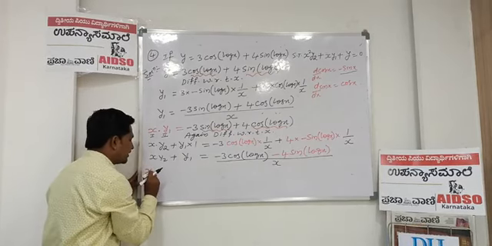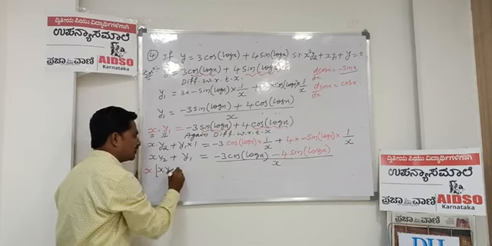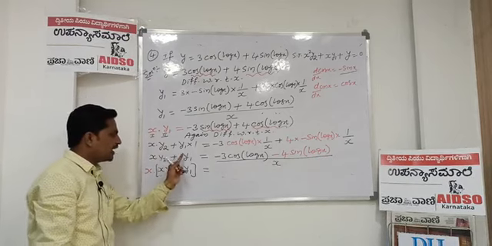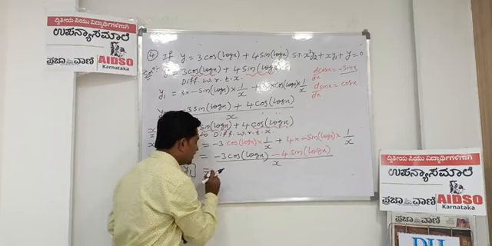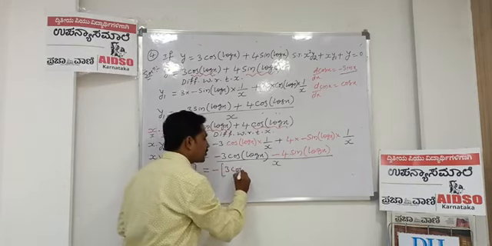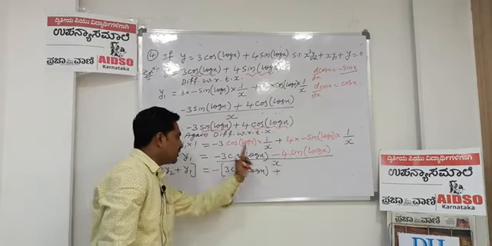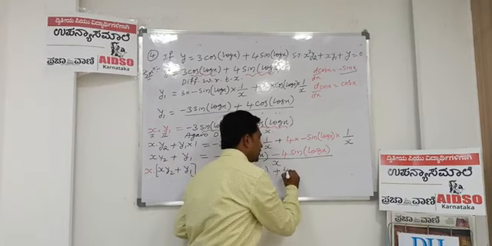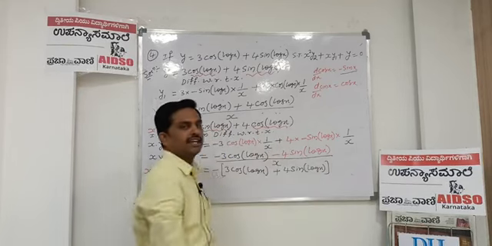It is x into entirely whatever the LHS we have, we will introduce the bracket to avoid confusion, so it will be x into xy2 plus y1 is equal to, now look at this, minus we can take common. If we take the minus common, it becomes 3 cos of log x plus, because we have taken minus common, it becomes plus, and it will be 4 sine of log x as it is.